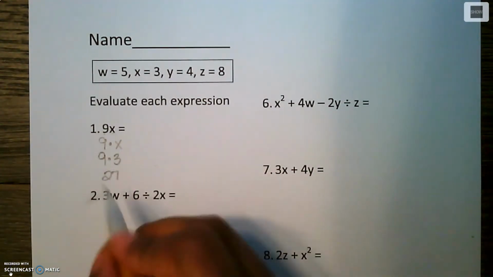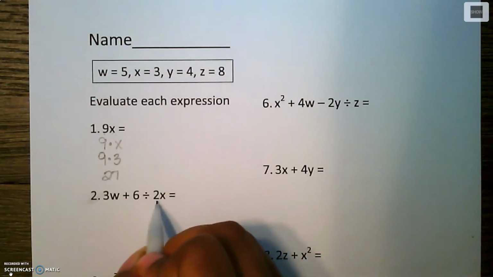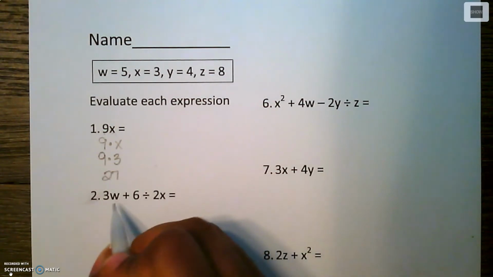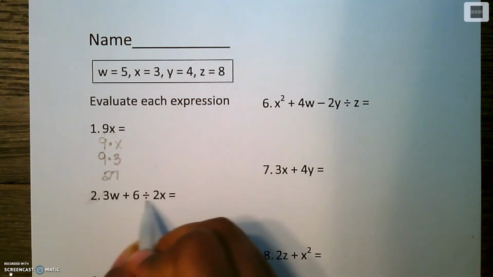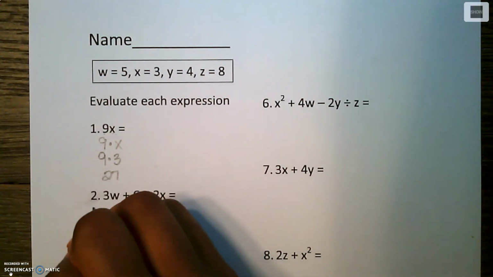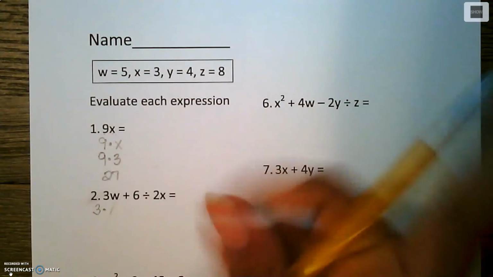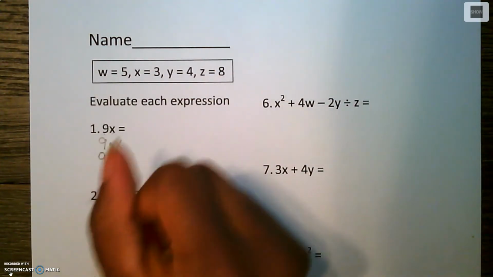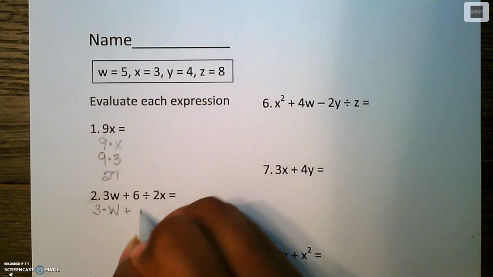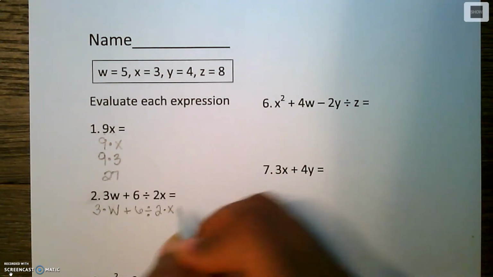Alright, for number 2, we have 3w plus 6 divided by 2x. So the first thing I'm going to do is replace these two variables, w and x, and also write in that operation. So 3w means 3 times w, plus 6 divided by 2 times x.